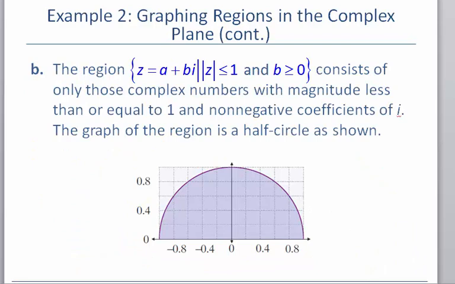For our second example, and this one is a little bit more complicated, the problem says that we want all the complex numbers, and this is how they've written it this time.